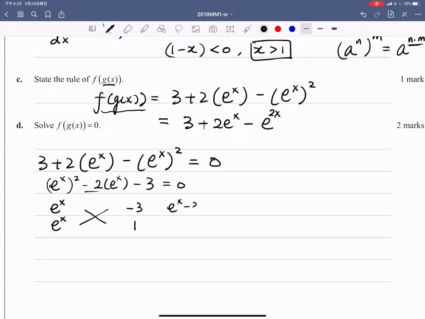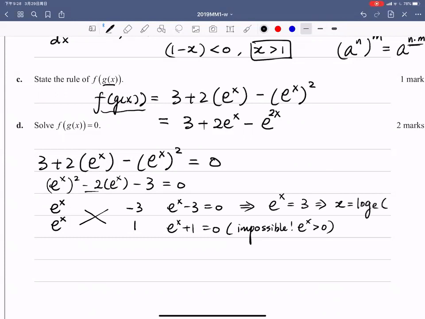So e^x minus 3 equals 0. e^x plus 1 equals 0, which is never possible because we know all exponential terms must be positive or approaching the x-axis. Stating your reason, e^x greater than 0. Therefore, my only possibility is e^x equals 3, and x can be expressed using natural log.